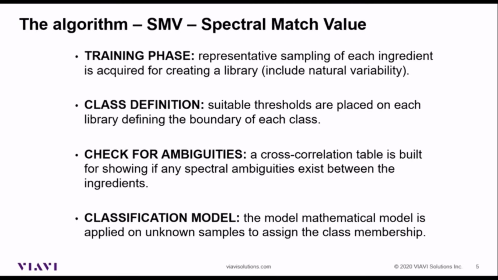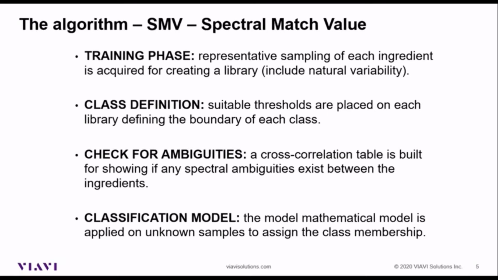It means that we have to define a suitable threshold that defines a specific class. So we define boundaries for each of the 3 ingredients that I have in front of me on the table. Then I need to check for ambiguities, because maybe I have to correct my boundaries a little bit so as not to cross-correlate, not to have overlapping between the ingredients that I want to identify. And finally, I have my classification model.